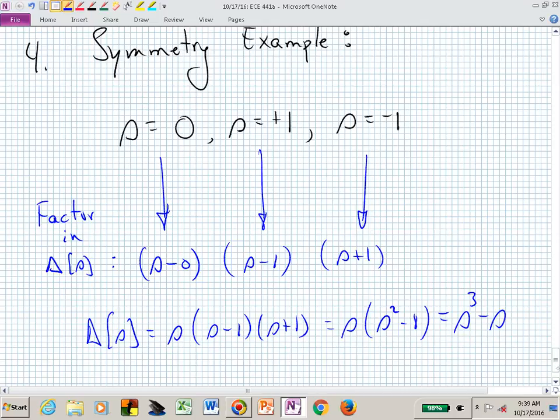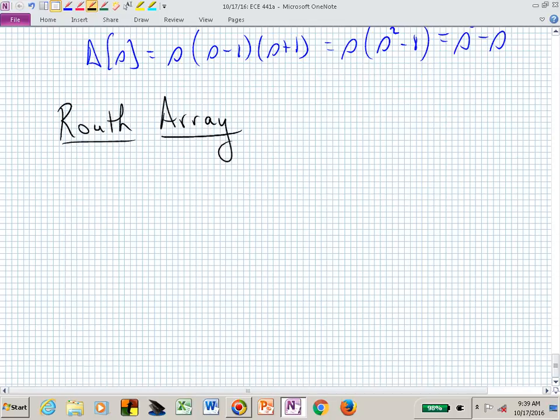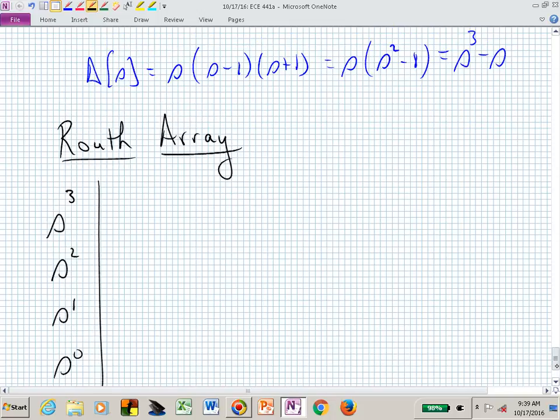And let's look at the Routh array then that results from this example. How do I build it? If I keep track of my bookkeeping steps, I now have s cubed, s2, s1, s0, and I want to populate the top 2 rows.